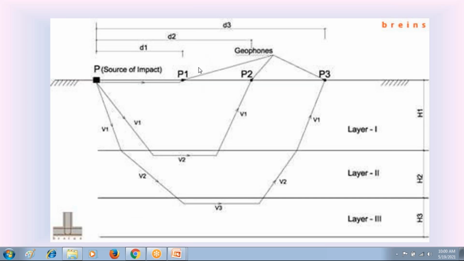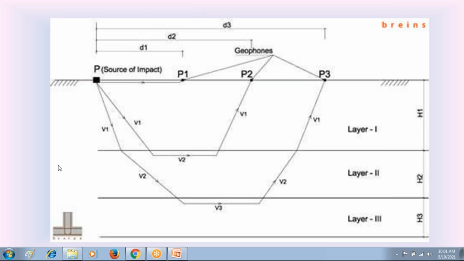So whenever the geophones receive a shock wave, they convert it into an electric pulse, and that pulse is sent to the seismograph. The seismograph notes the time of receiving those electric pulses from the geophones. From this source, the distance of the first geophone is D1, the distance of the second geophone is D2, and the distance of the third geophone is D3.